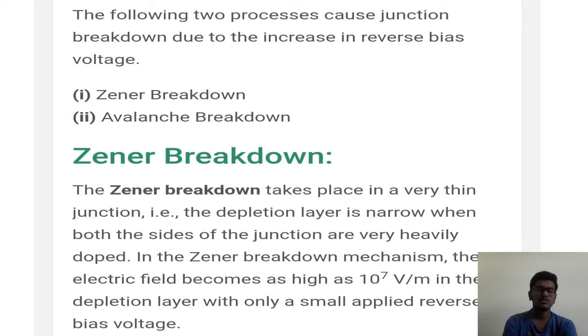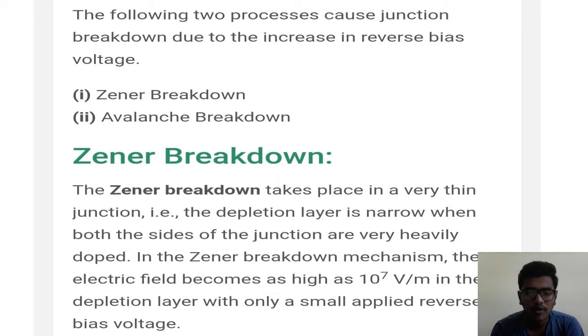So in Zener breakdown, the depletion layer is narrow when both sides of the junction are very heavily doped, and the electric field becomes very high in the depletion layer with only a small applied reverse bias voltage. This is about Zener breakdown.